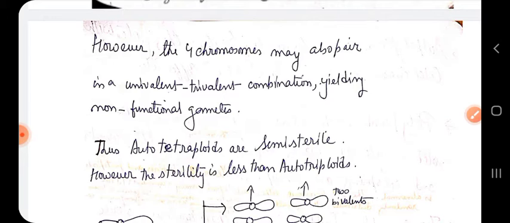So in a univalent-trivalent fashion, the 4 chromosomes may move.